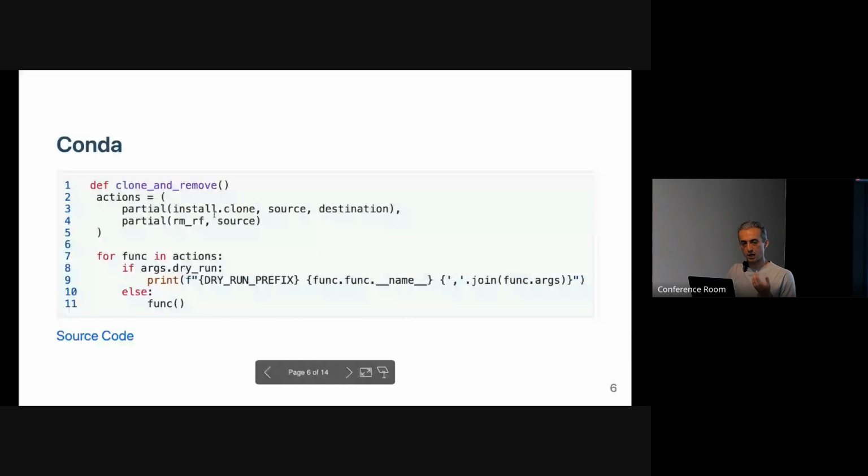The second one is rm -rf, with the source, of course, right? And then the way they do this, they go through the actions. If the argument was dry run, they print the name and arguments of the function. Otherwise, they run the function, which is essentially running each of these functions, the clone and the arguments, right? Isn't that nice?